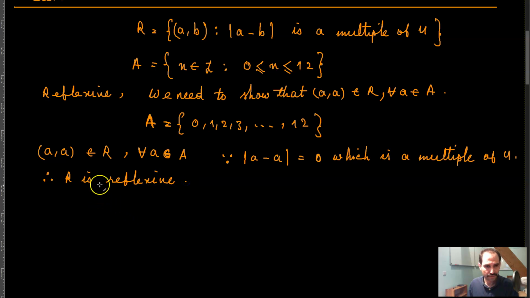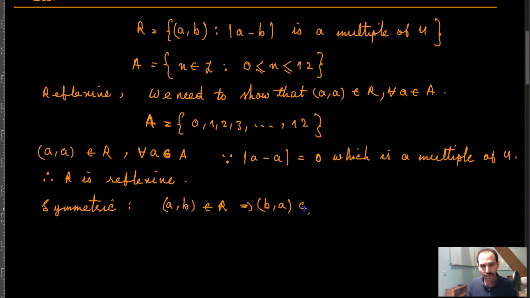To show that R is symmetric, we need to show that if A comma B belongs to R, that implies that B comma A also belongs to R. If that is the case, then we can say that R is symmetric.